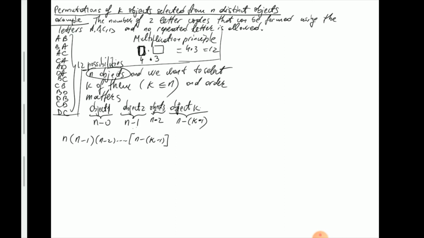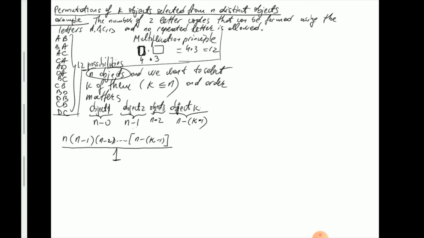But I want to point out that this is the point of factorials. This kind of ugly product is much more convenient to be written in terms of factorials. And the way to do it is to basically think of it as a fraction. So this product, think of it as a number divided by 1.